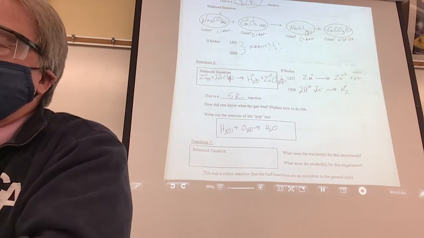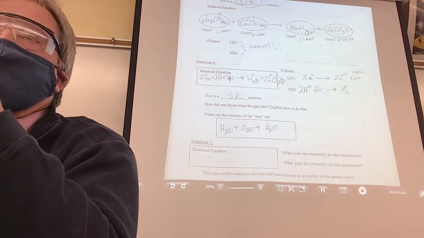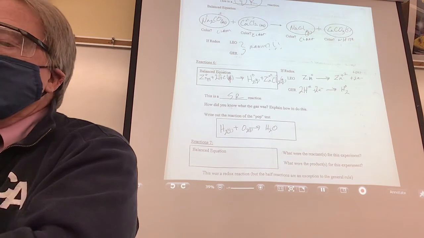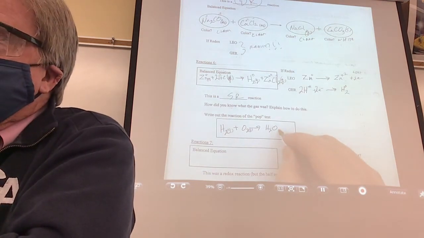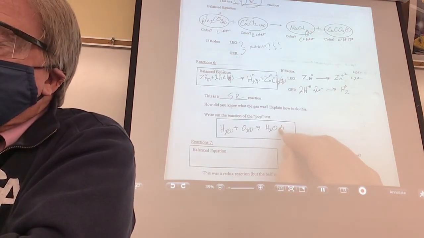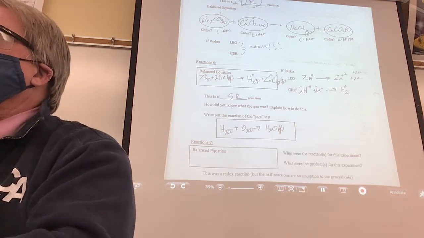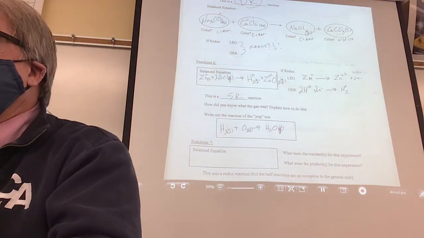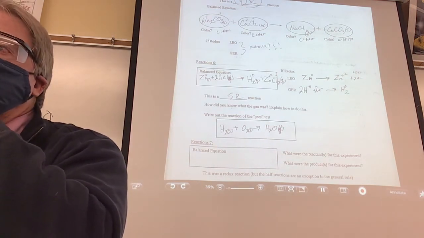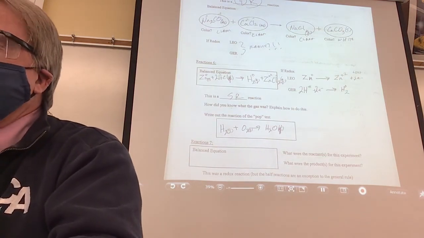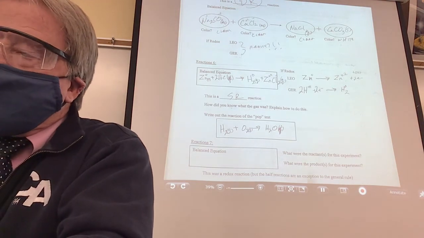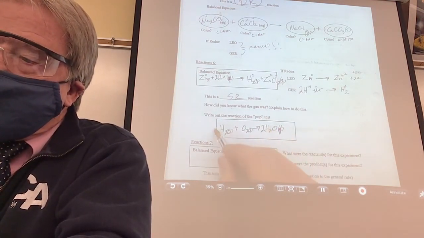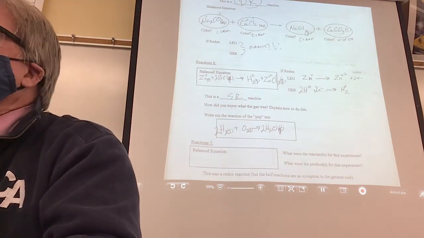So much energy is given off that it actually makes the air expand so quickly. It breaks the sound barrier, and it's also so hot that we never do get to see the water because it's in the form of steam, isn't it? But if I could catch that on a cool surface, I could probably actually see it turn into liquid water. And then we have to balance this one. And 2 O's, 2 O's, there we go. Very good, what do you think?